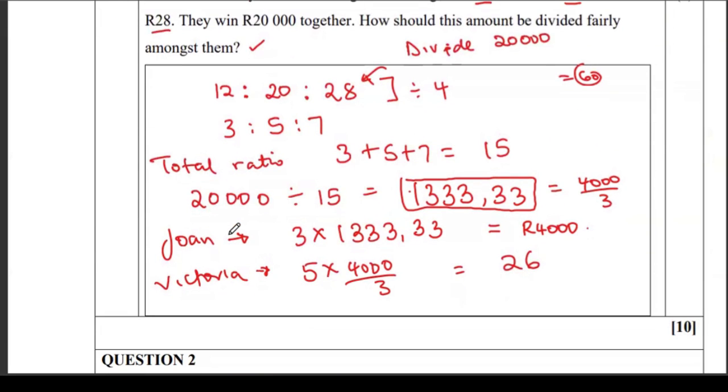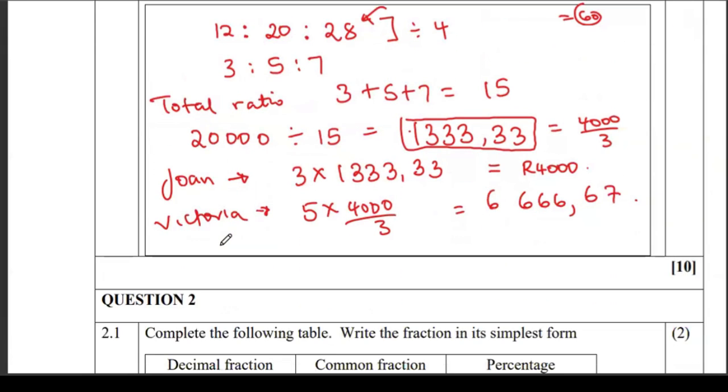Why am I not using 20? So it's 6,666.6666. Okay, so that is 6,666.67.